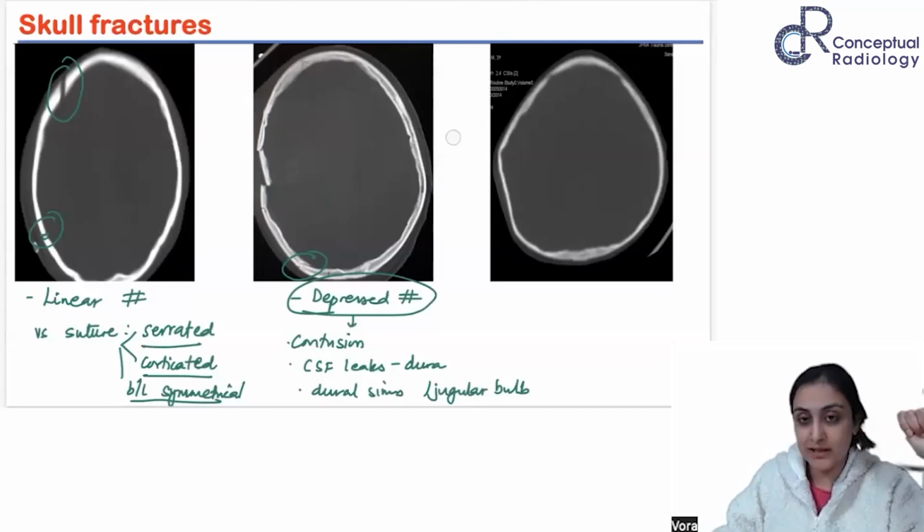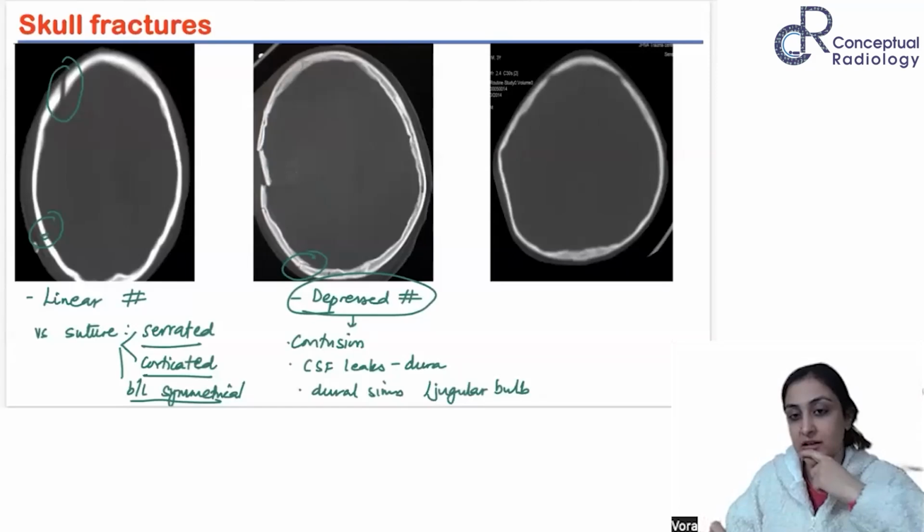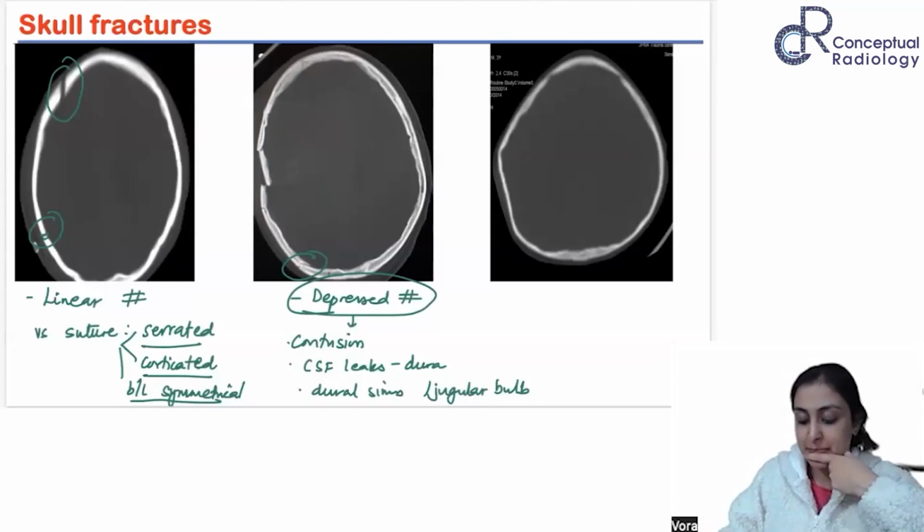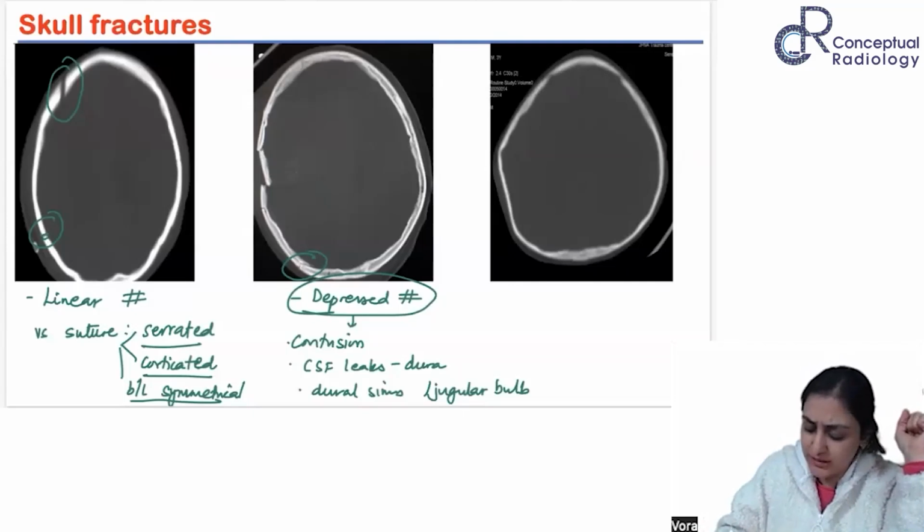What about this one? You can see here on the side, there is a baby, a 3-year-old child. What kind of morphology do you see? It seems like the brain here is flattened. There is no cortical breach, there is no fracture line. But what I see here is that the brain is deformed, isn't it? So what do we call this? This is called a pond fracture, or we can also call it a ping pong fracture.